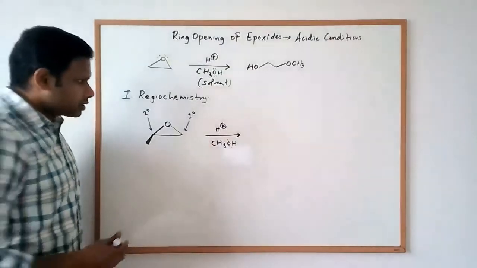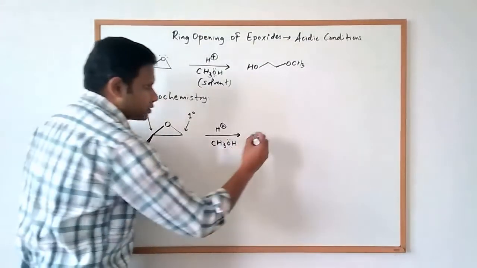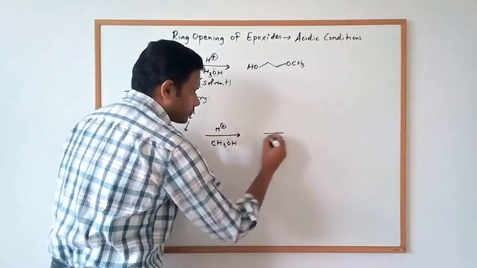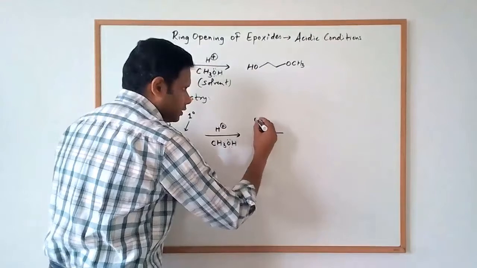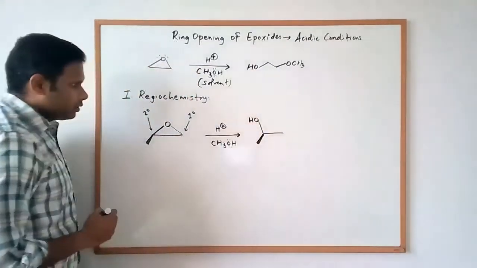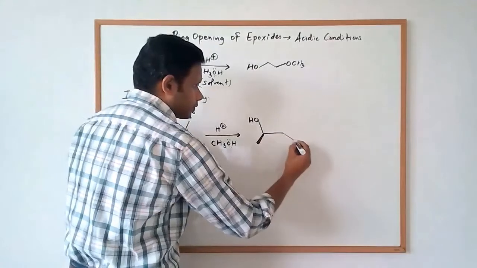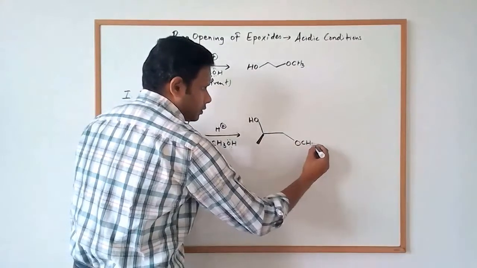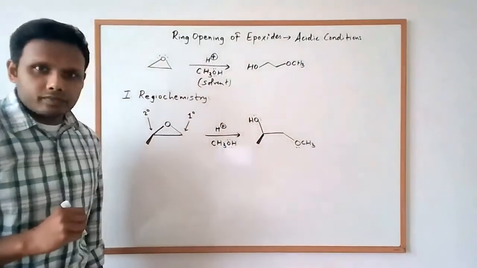Okay, under these conditions, it is observed that the product that's formed finally is the alcohol here and the methoxy group over there.